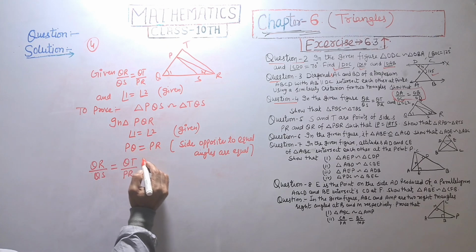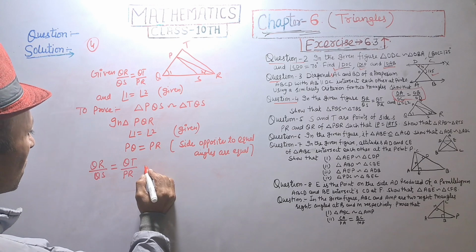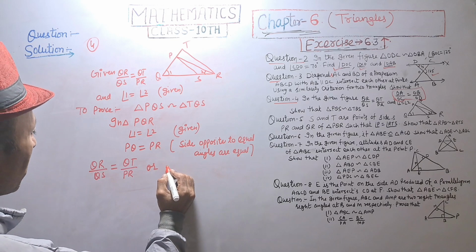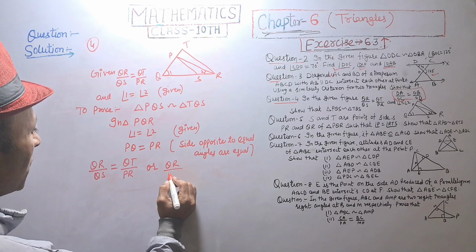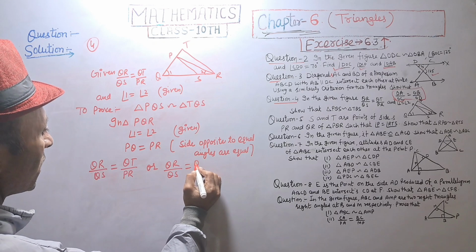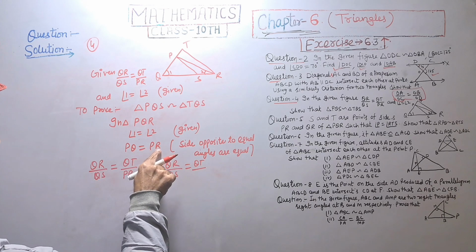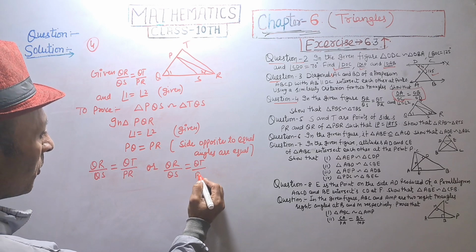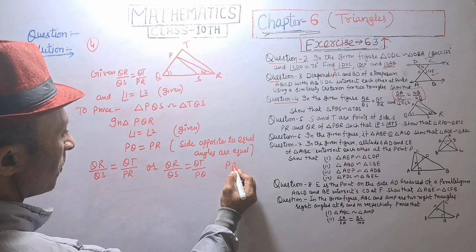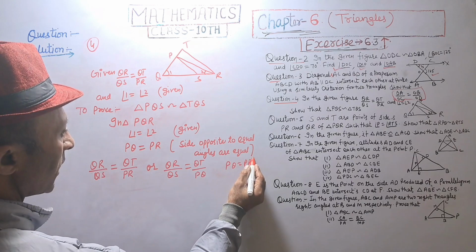PR is equal to PQ, so QR upon QS is equal to QT upon PQ, where PQ is equal to PR.